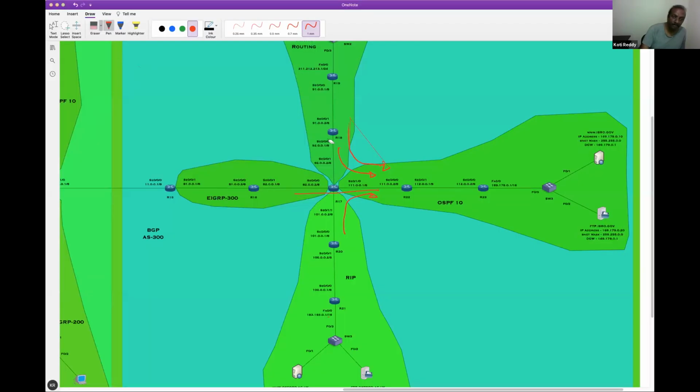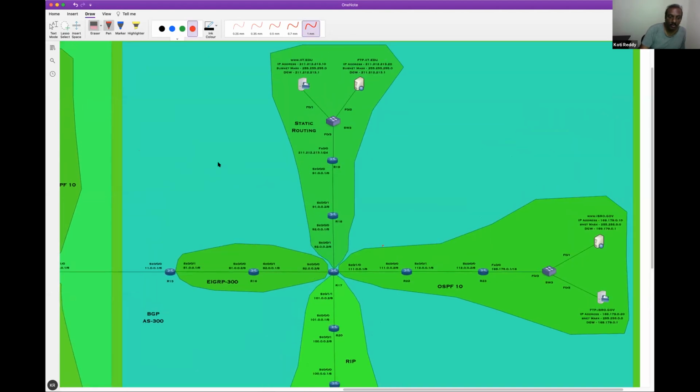Now, we have done redistribution of the routes into the routing protocols here. That's fine. But if you see here, we have static routing. I can't ask static to redistribute EIGRP, right? Static is not a routing protocol. So what should I do? I should manually add all the routes here on R18.